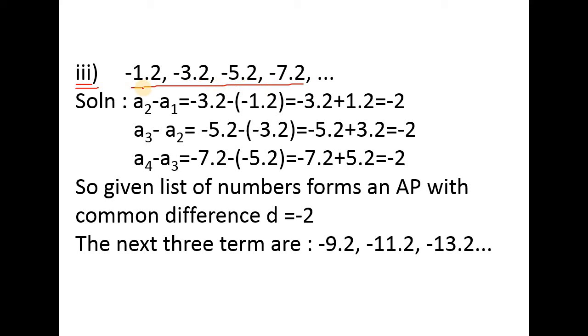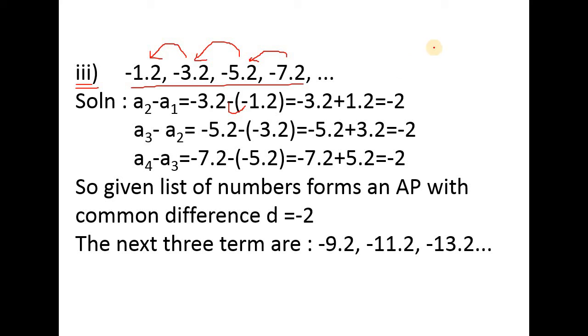To check whether the given list of numbers forms an AP or not, first we have to find the common difference. A2 minus A1, then A3 minus A2, then A4 minus A3. A1 is the first term, A2 is the second term, A3 is the third term, A4 is the fourth term. Therefore A2 minus A1: minus 3 by 2 minus A1, which is minus 1 by 2. Minus into minus forms plus, so minus 3 by 2 plus 1 by 2.